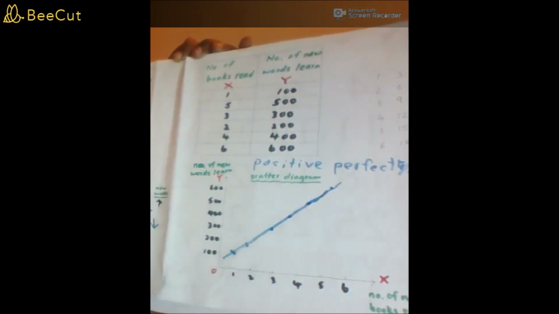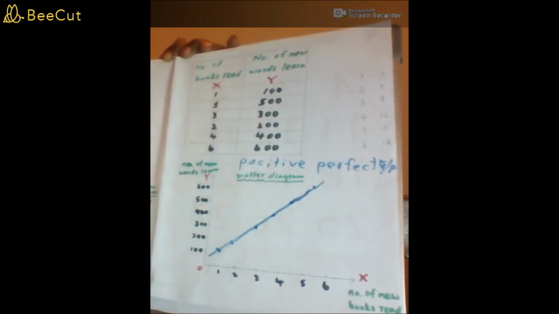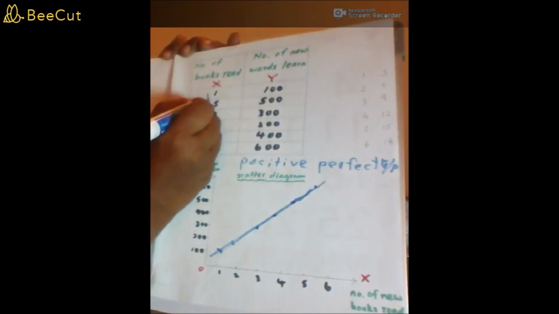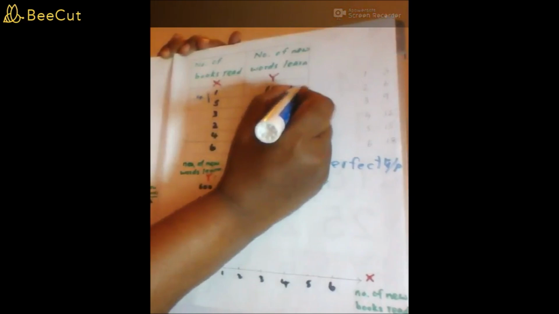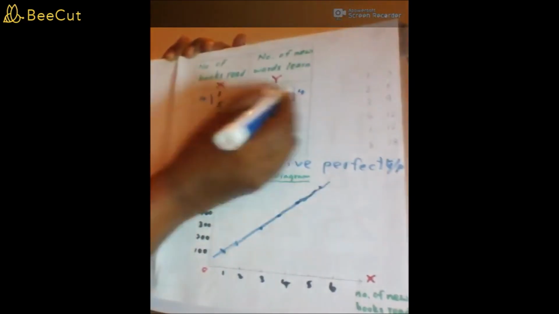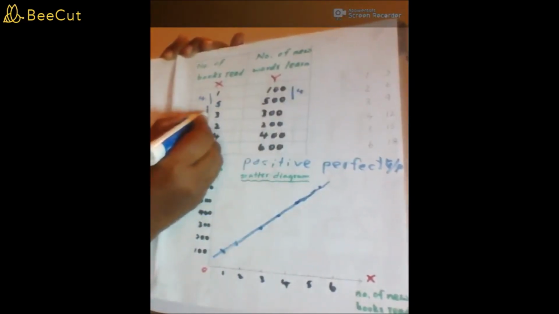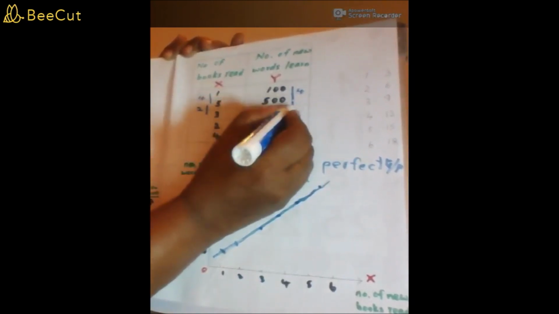Now what's the thing here? Here you can find a ratio. How can you get the ratio from here? Here, what's the difference? 4. What's the difference here? It's 4. Same ratio. Here what's the difference? 2. This difference? 2.